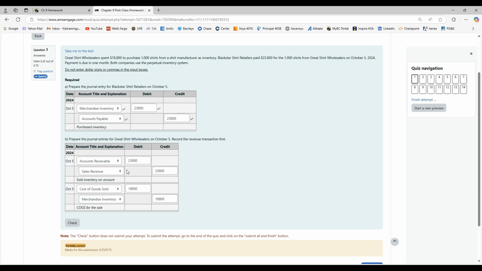Or it was inventory until they were sold. Now it's cost of goods sold because these shirts are gone. And so if we wanted to know their gross profit, then we'd have to take $23,800 minus $18,800. So I think that's $5,000 of gross profit after accounting for the cost of goods sold. Okay, and we got 100% there. Let's move on to the next problem.